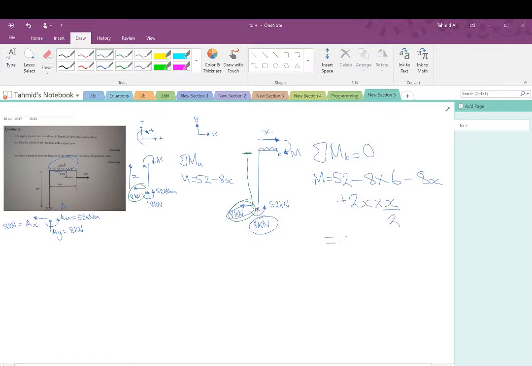So that's going to be 52 minus 8 times 6, which is minus 48, minus 8x, and plus x squared. That gets simplified into x squared minus 8x plus 4.